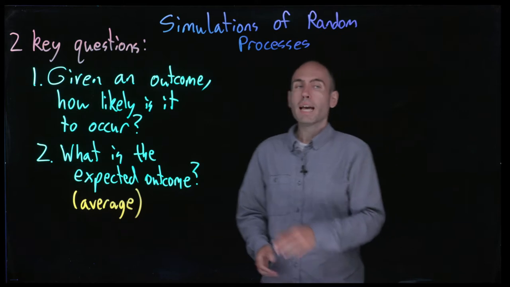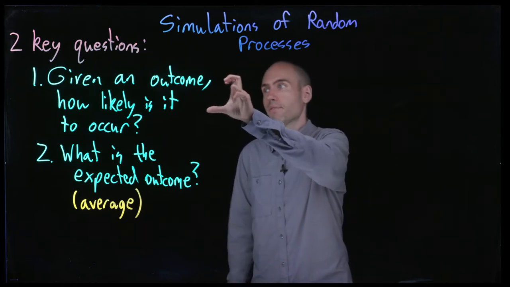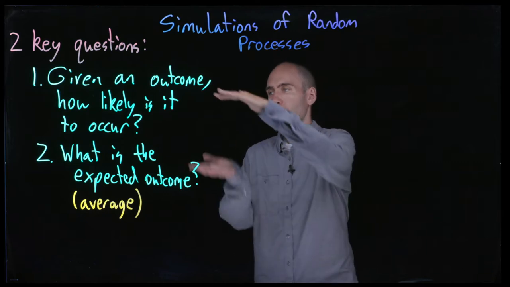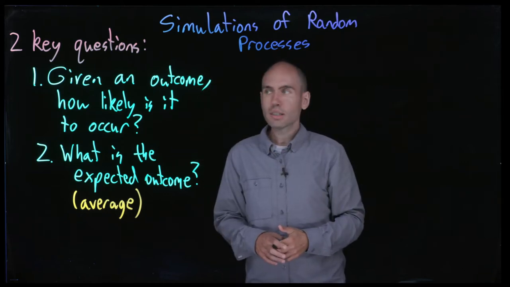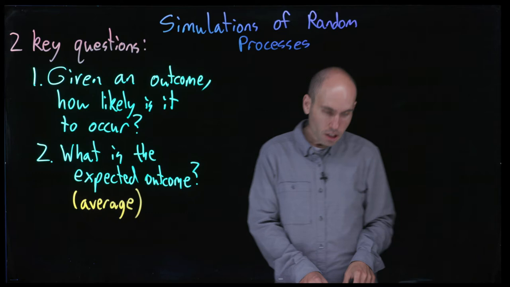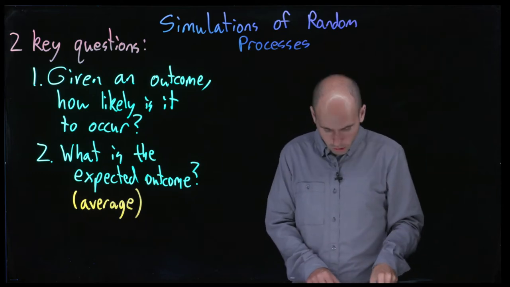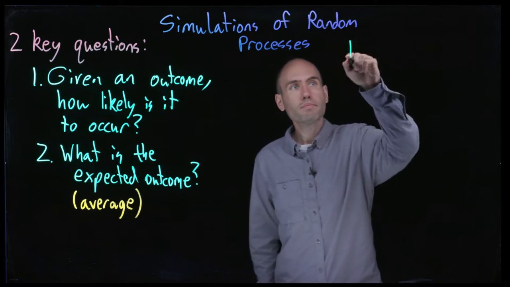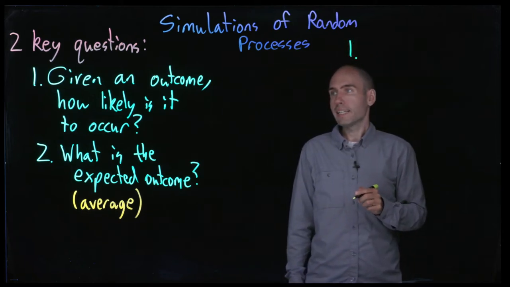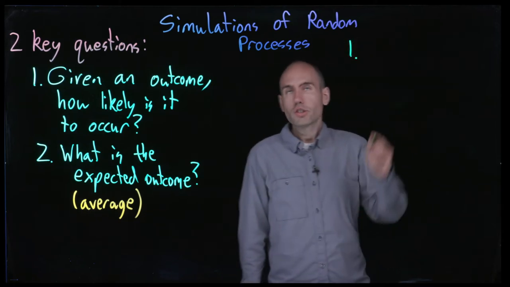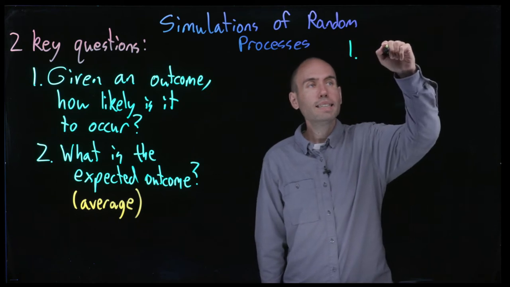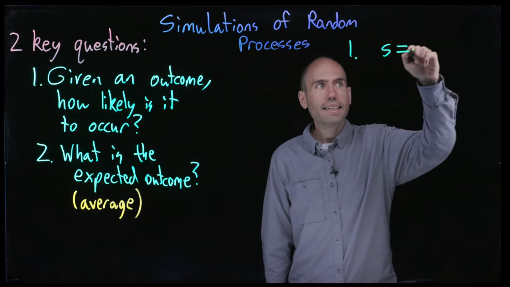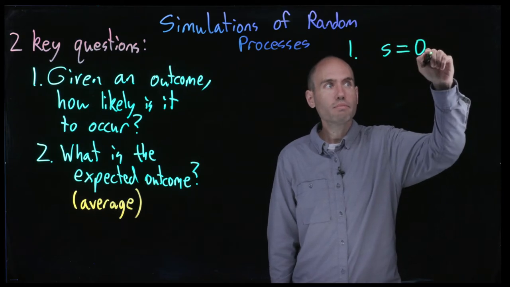And let me talk about how we can not find an exact answer to these questions using a computer, but how we can get estimates to the answers to these questions. So for question 1, let's talk about how we would investigate this. Let's start with s equals 0.